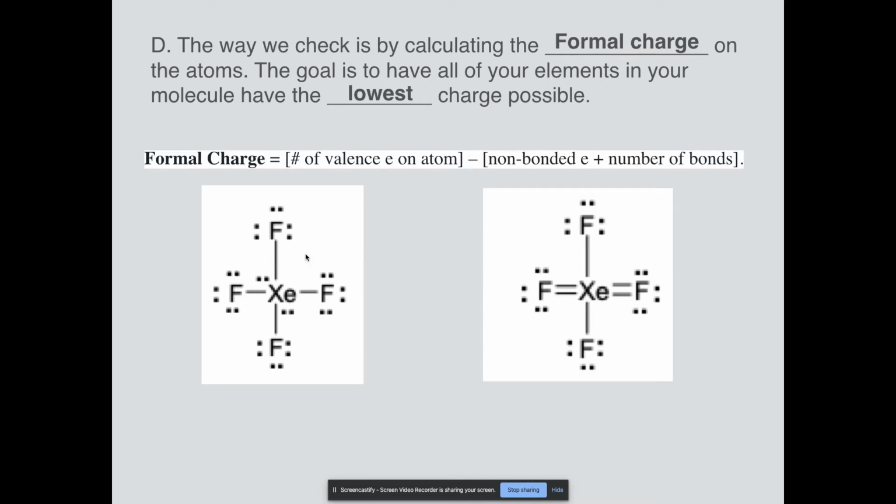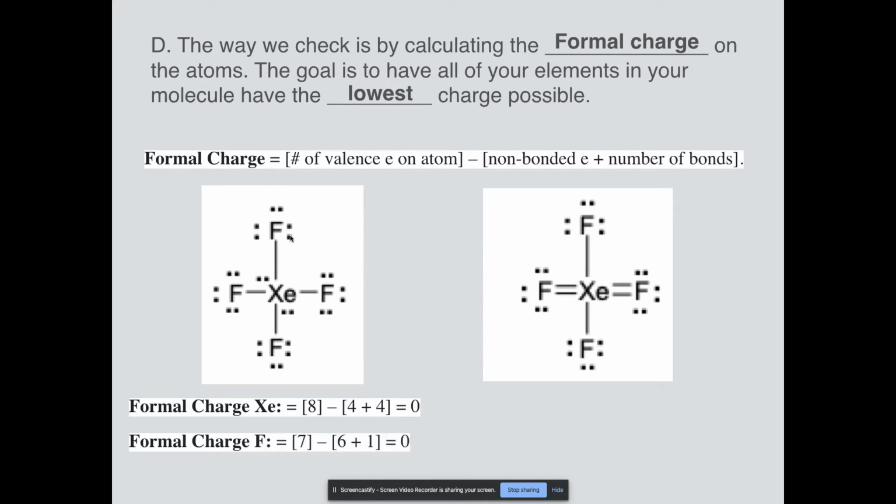So let's figure out the formal charge of just a xenon in this, okay? If I'm counting this, the formal charge would be, well, xenon has 8 valence electrons, so I'd plug in 8. I have 4 non-bonded electrons, 2 here and 2 here. And then I have 4 bonds. That means that xenon has an effective formal charge of 0. What about a fluorine?